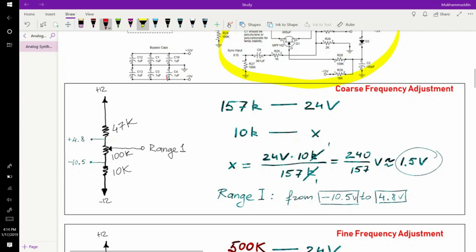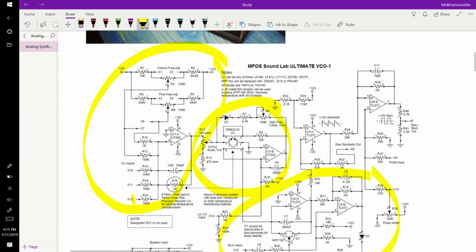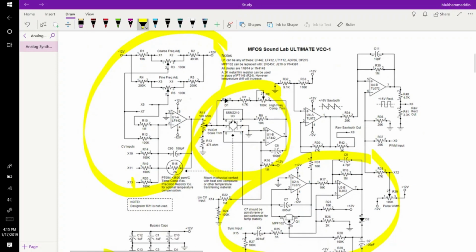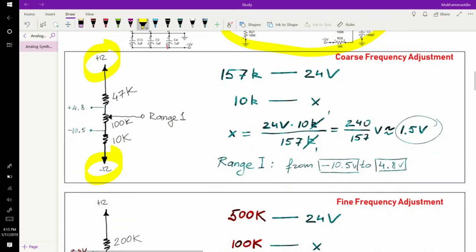So here we have a simple voltage divider where at the top there is plus 12, at the bottom there is minus 12 volts from the supplies. Then we have a 47, well, 49, oh, 50. Okay, well, I put it as 47K, it doesn't really matter.